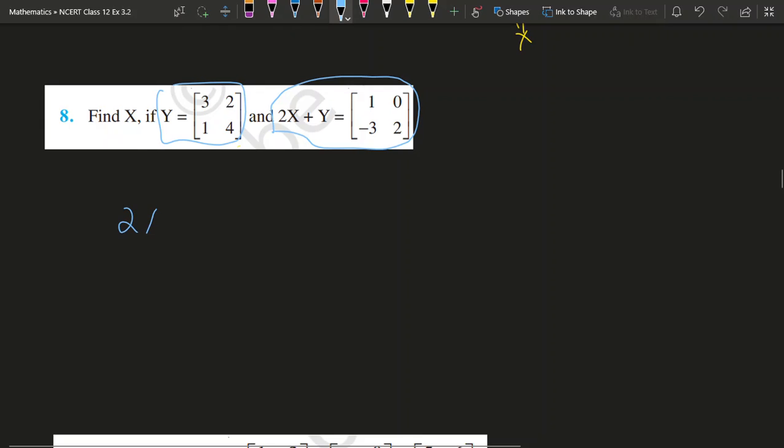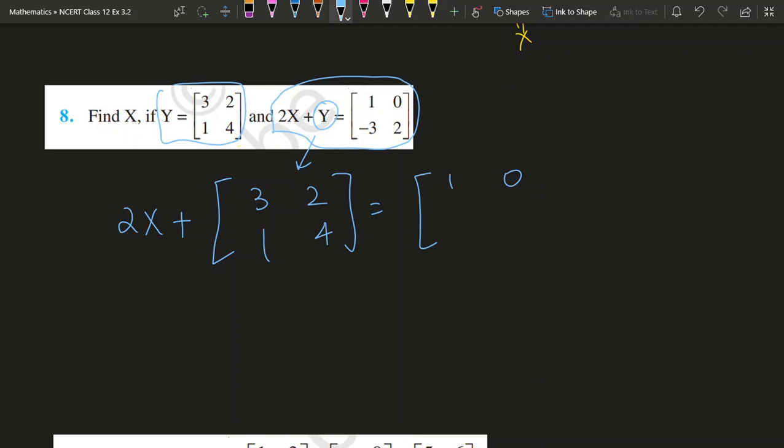So you have 2x plus, and you know the value for y, so instead of writing y, you write the matrix that's been given to you. And now what you can do is take this matrix to the right hand side, and you're taking the difference.